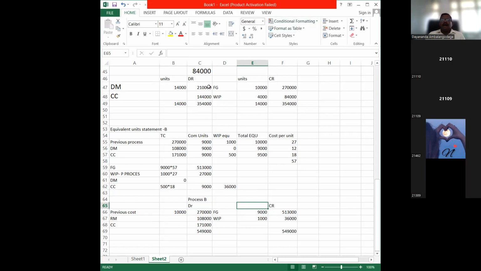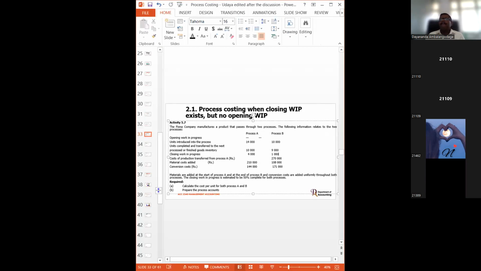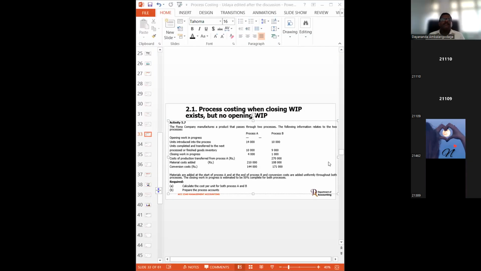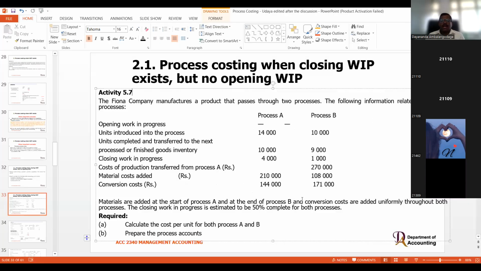Then I will be sharing the answer with you also. Like our Excel, this is our sheet, and these are the process accounts we did for this question.